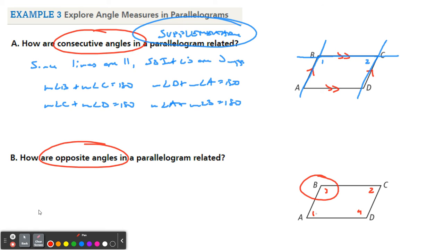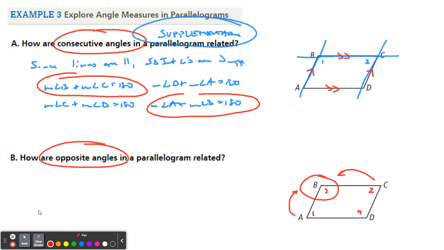Let me rephrase that. If 2 angles are supplementary to the same angle, then those 2 angles are congruent. That's how it should have been stated. I apologize. So in this case, angle C is supplementary to angle B, and angle A is supplementary to angle B, as talked about up here.